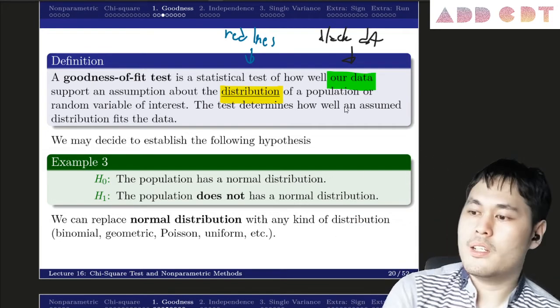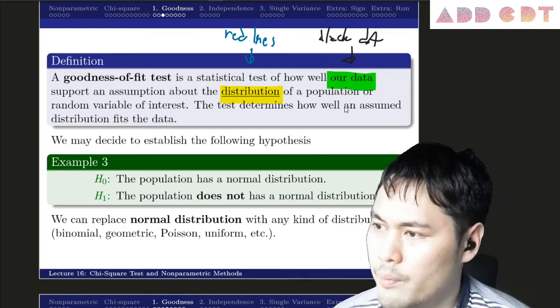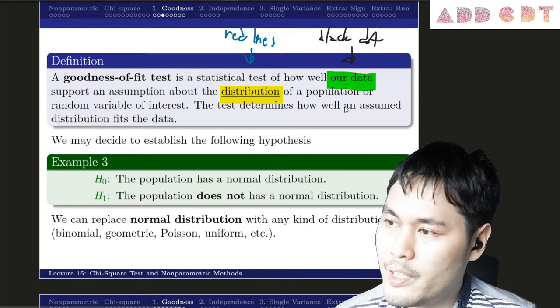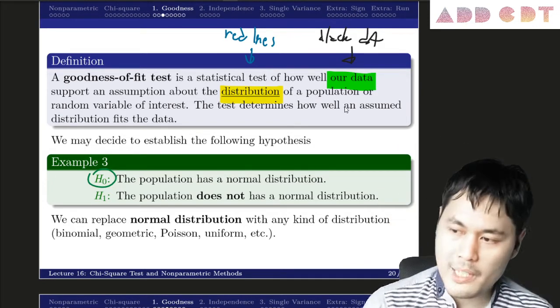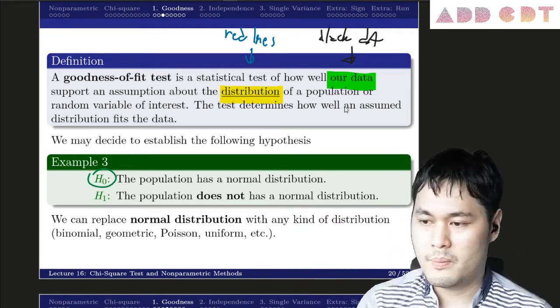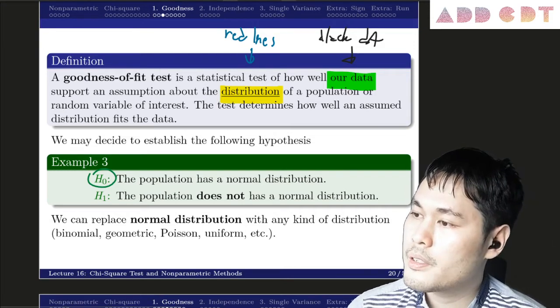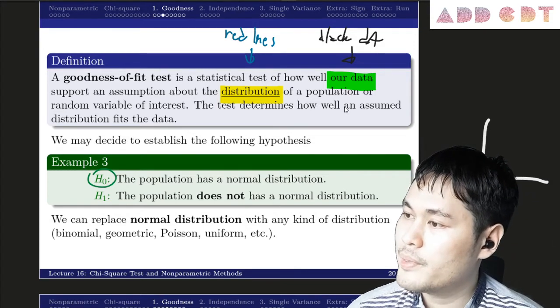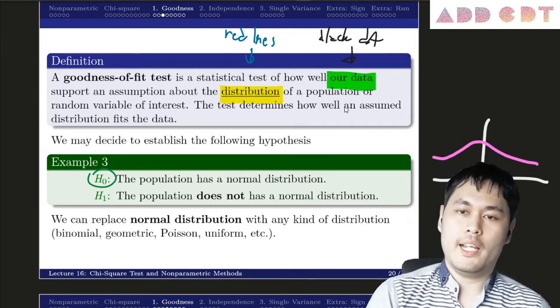And when we state our hypothesis, it is in this form. So we believe, for H null, that this population has a normal distribution. Right. So this means we believe that the red line should be something like that.